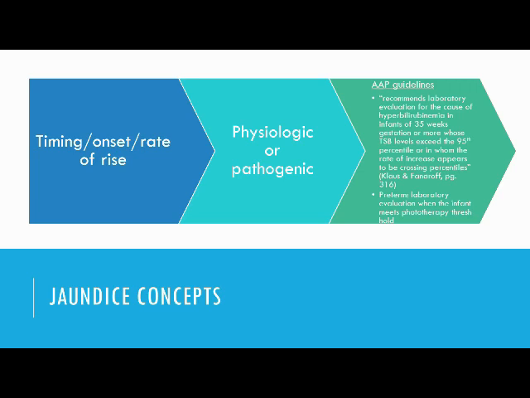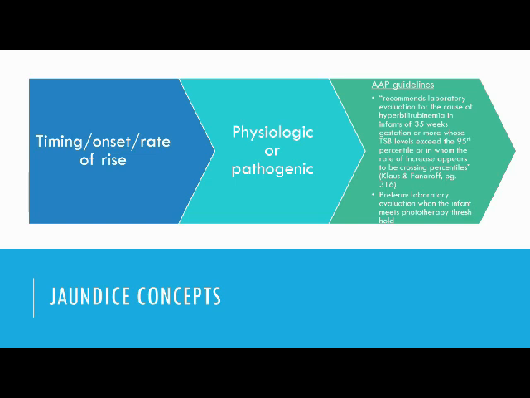I thought that these AAP recommendations encompass both timing and onset in their statements for preterm and for term. I just wanted to read them to you because I think they're good. These are general quotes.